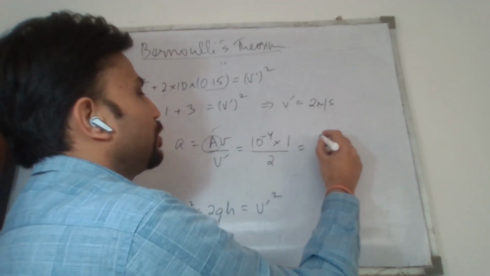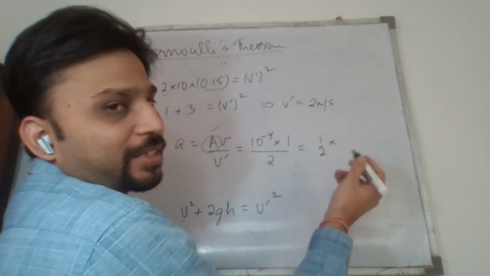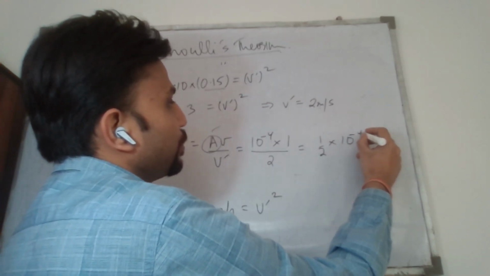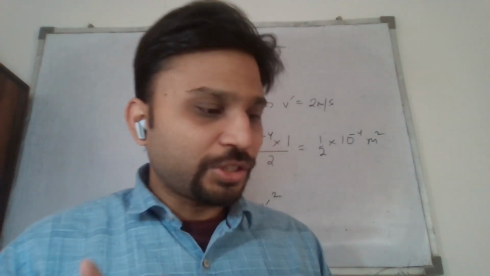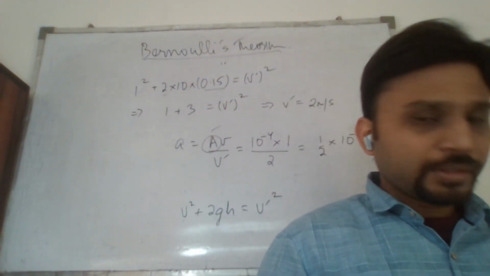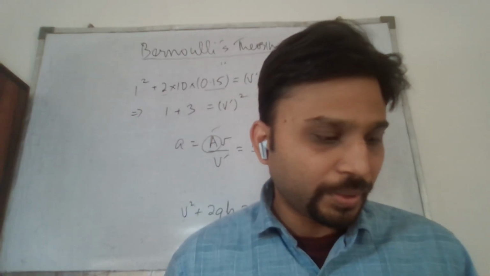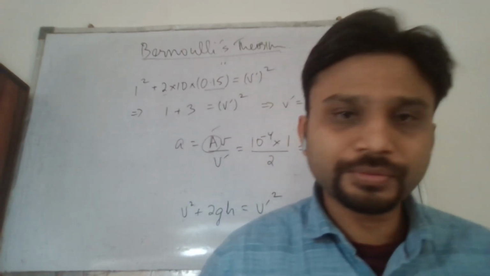So this is half. We can simply write it as half into 10 to the power minus 4 meters square. So that means the cross-section area of the fluid 0.15 meter below the opening is half of the original.